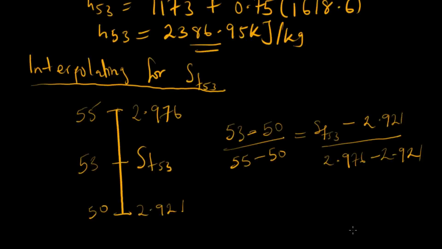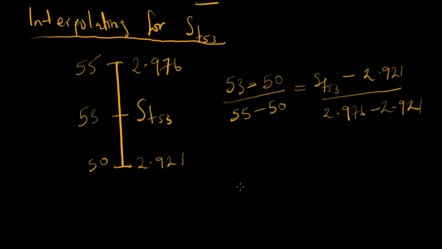The entropy here at the liquid region under 53 bar decreased with decrease in pressure. So the entropy we should get here should be in between 2.976 and 2.921. So let's see how it goes.